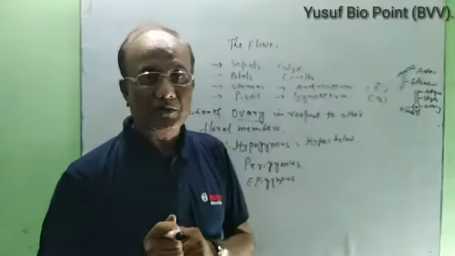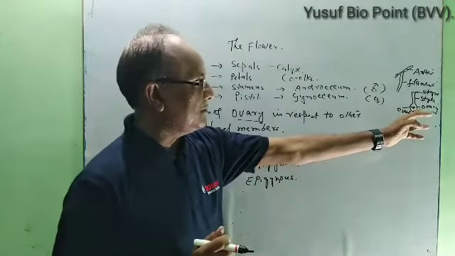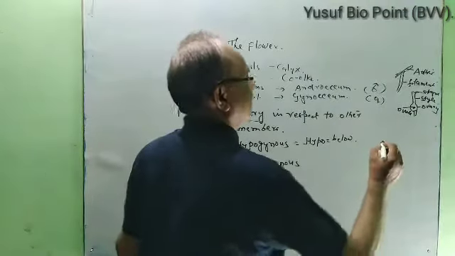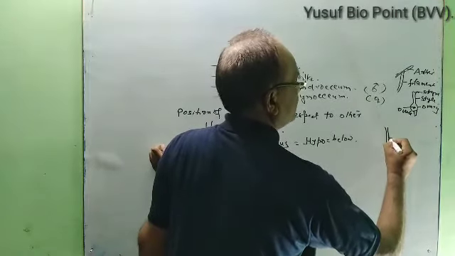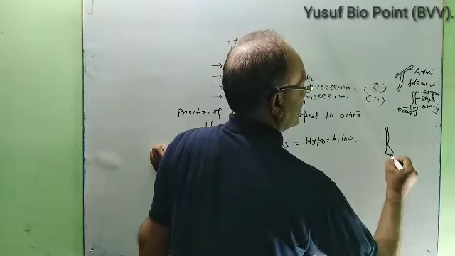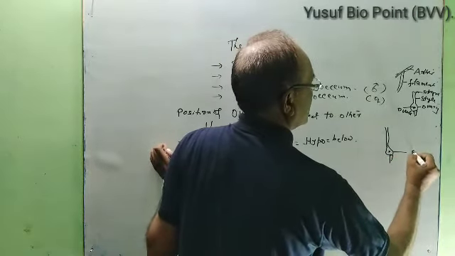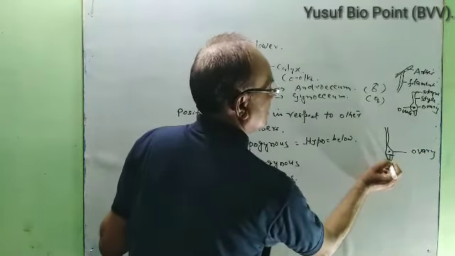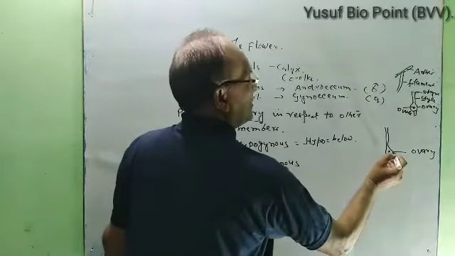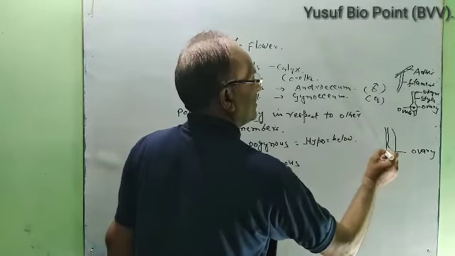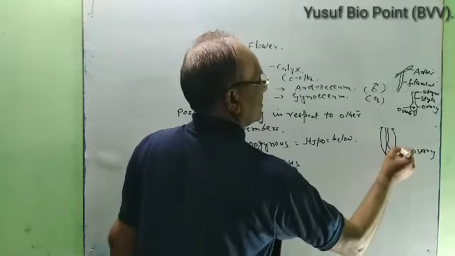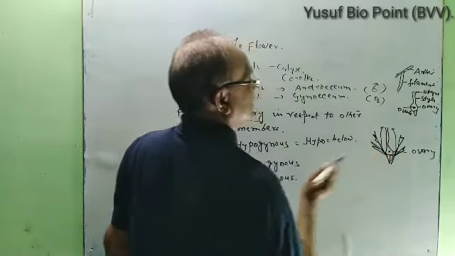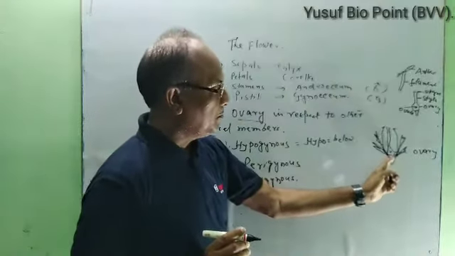All the other parts of the floral members except the ovary are found below the gynoecium. Suppose this is the thalamus, and below that all the other parts, that is stamens, petals and sepals, are below the ovary.